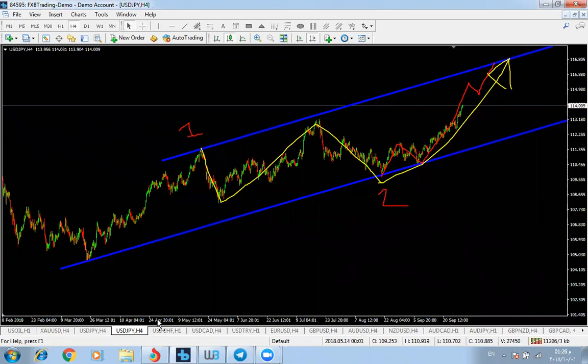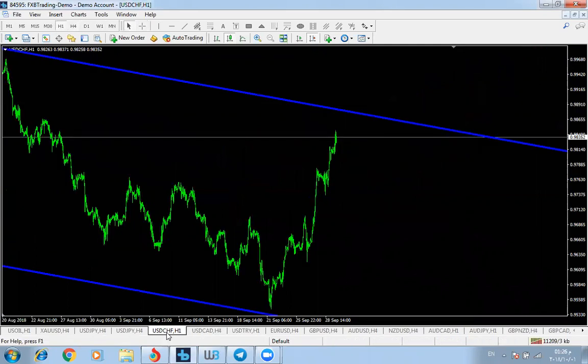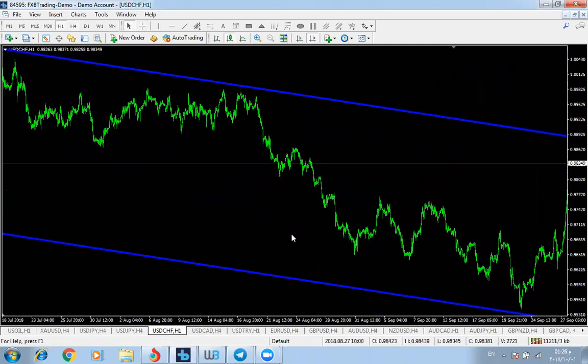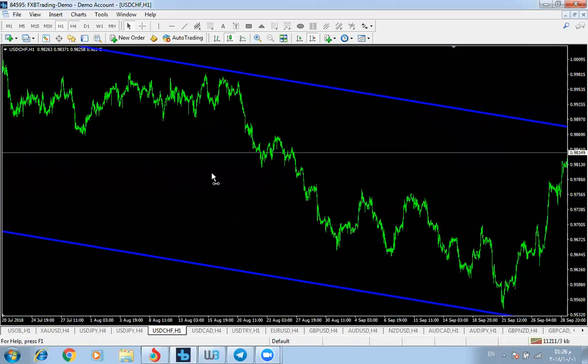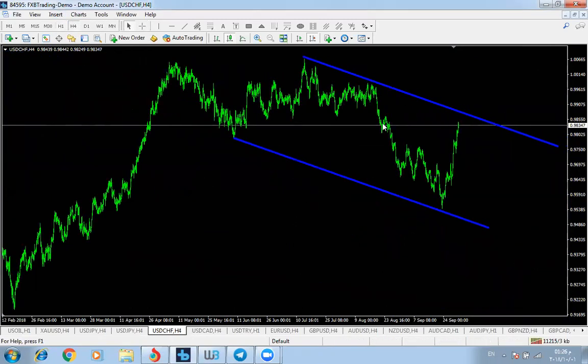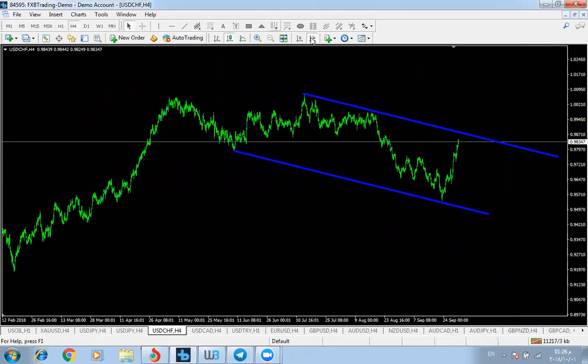Let's move into Swiss franc. Swiss franc has ended the correction. As I have told you in the previous videos, the price is moving in the form of ABC, not 5 waves.